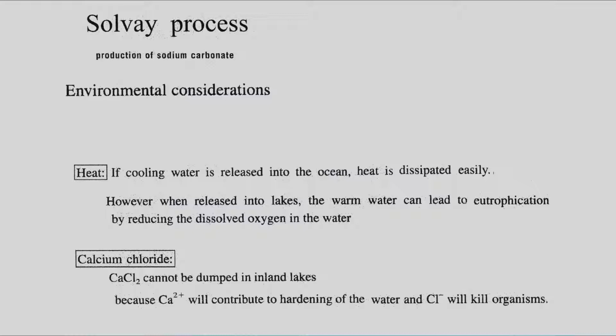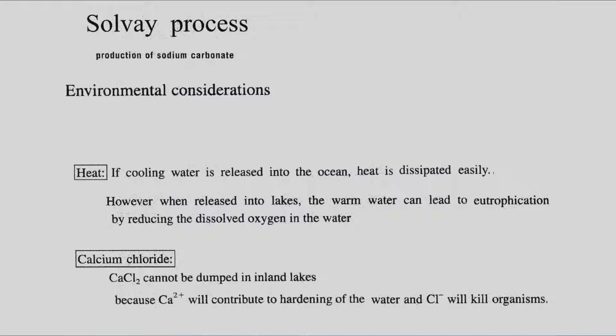Another problem, calcium chloride. Calcium chloride is the byproduct, and you're going to produce a lot of it. If you dump it into the lake, you will have too much calcium chloride deposited onto the lake.